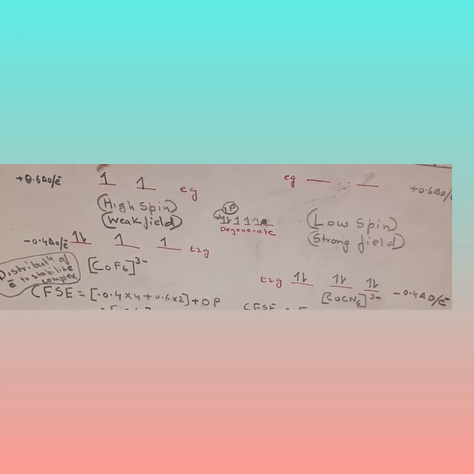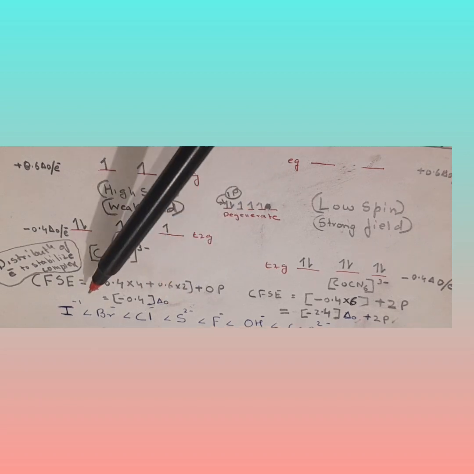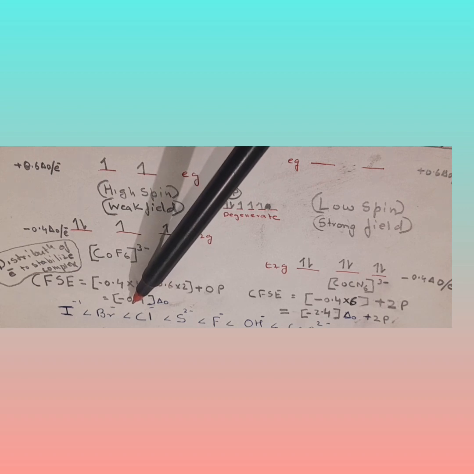We also have 2 electrons here, and for this we know it is 0.6 delta O per electron, so we multiply 0.6 into 2 electrons. So the net result is: this comes to minus 1.6, this comes to plus 1.2, so the difference is this. So this is the CFSE.